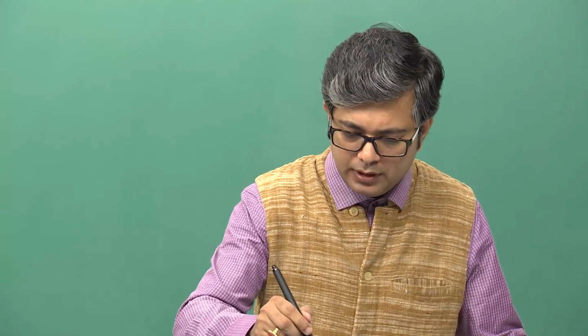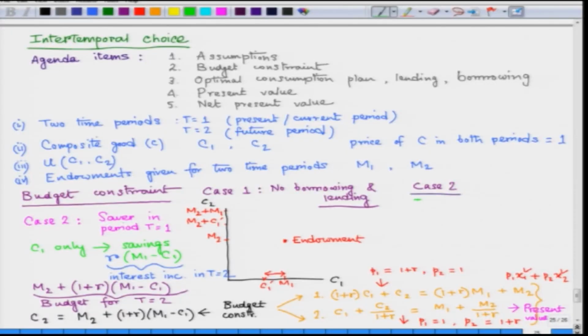Now, to elaborate, suppose you start with rupee 1 in period 1, you save the money with the bank and you get 1 plus r at the end of period 1, then you do not stop, you again reinvest the money with the bank, and then at the end of period 2 you get 1 plus r square back.